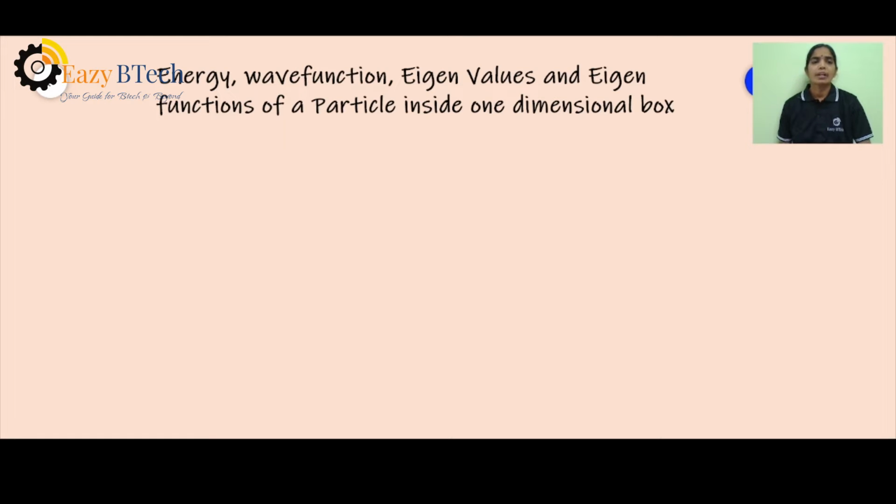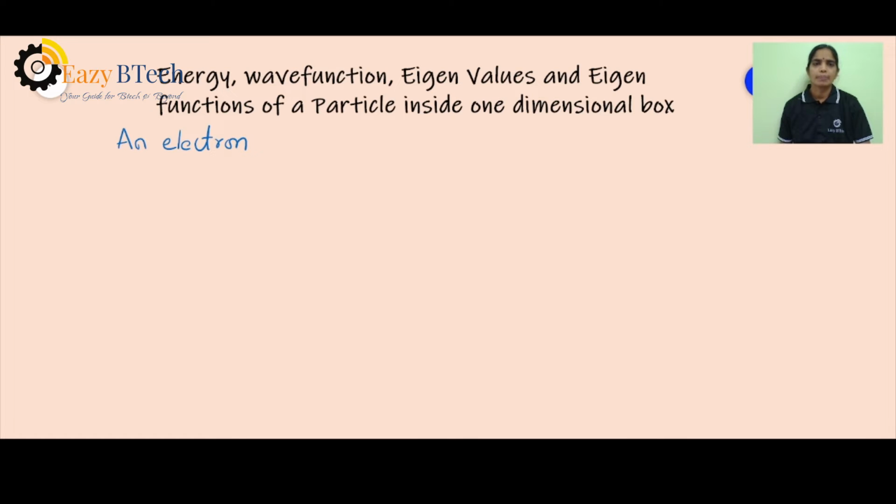Here, consider that you have an electron. This electron is trapped inside a metal. It could be trapped inside a metal, or you can consider that it is inside a one-dimensional box.